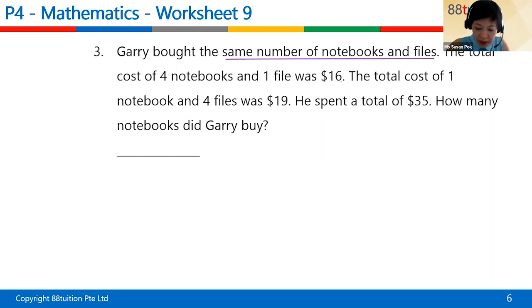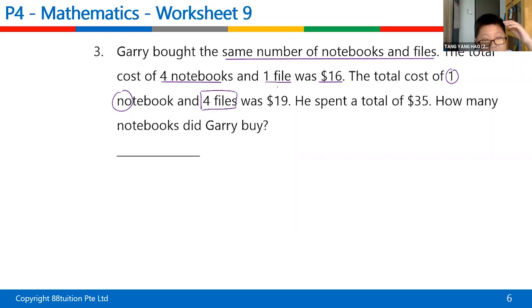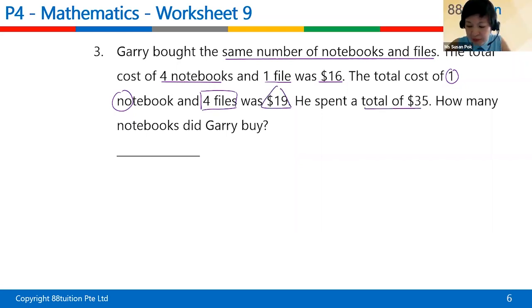So he gives you this: $16 is for 1 file and 4 notebooks. The total cost of 1 notebook and 4 files will be $19. But he spent a total of $35. So how many notebooks did Gary buy?